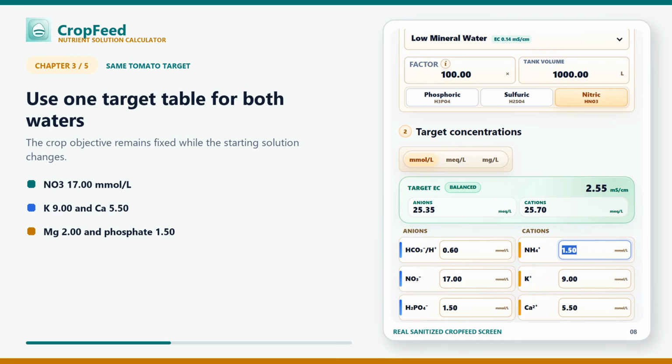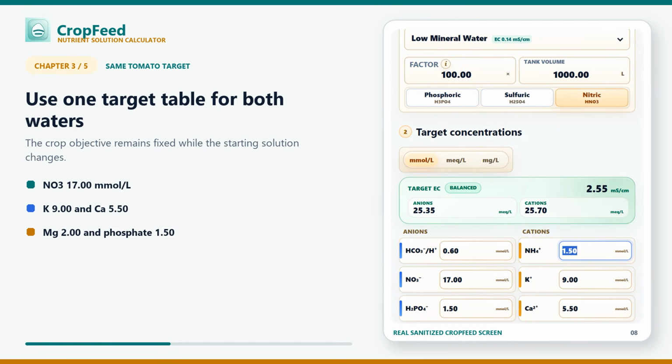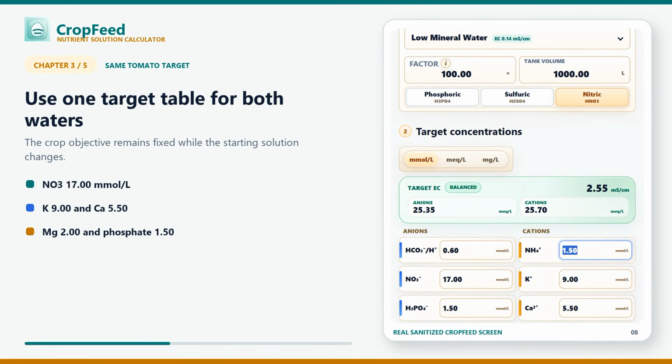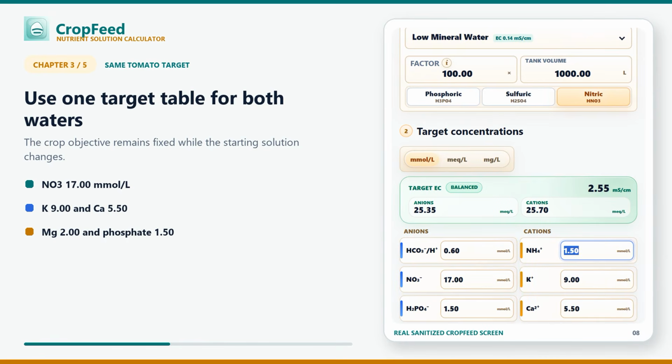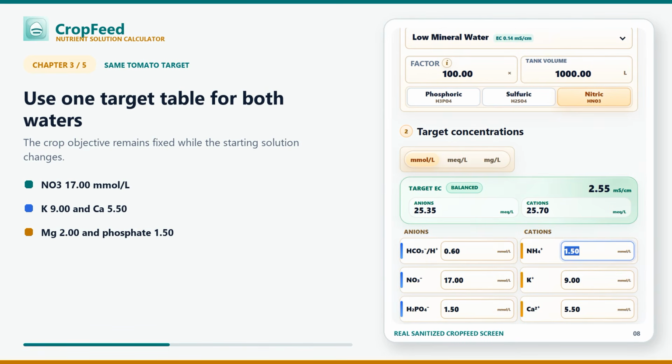The shared tomato target includes 17.00 millimoles per liter of nitrate, 9.00 potassium, 5.50 calcium, 2.00 magnesium, and 1.50 phosphate. These values are a sanitized teaching example, not a universal crop recommendation. Real targets must reflect cultivar, stage, climate, substrate, and management strategy.